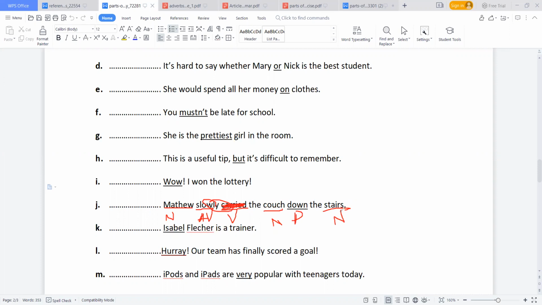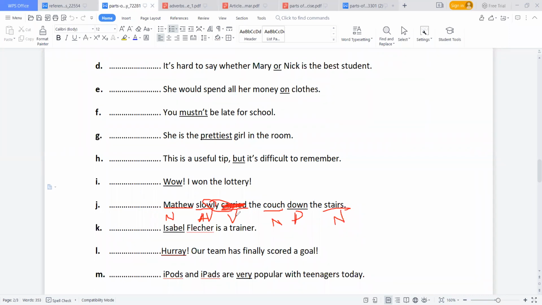That means we have 3 nouns, Matthew, couch, and stairs, but we get to know that something is missing. That means a verb is missing. What has Matthew done with the couch? Now look only at those options which you feel are verbs. But what kind of verb will you look for? Which verb describes couch? See, again, this is wrong.